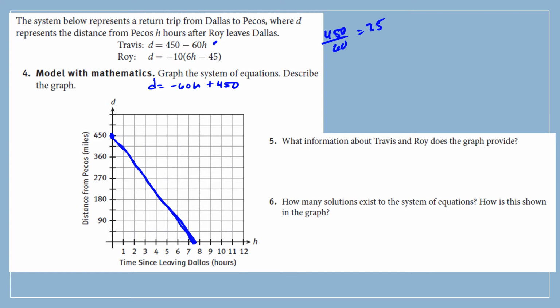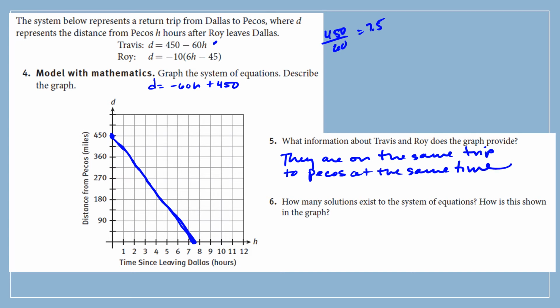What information about Travis and Roy does the graph provide? They are on the same trip to Pecos. They're exactly at the same place at the same time. How many solutions exist?